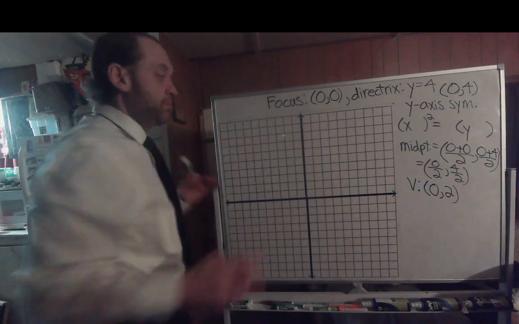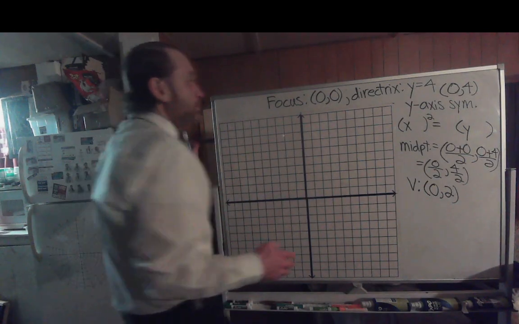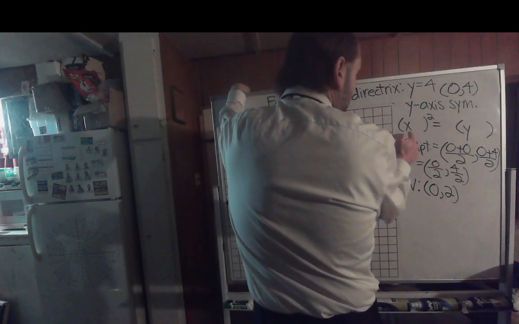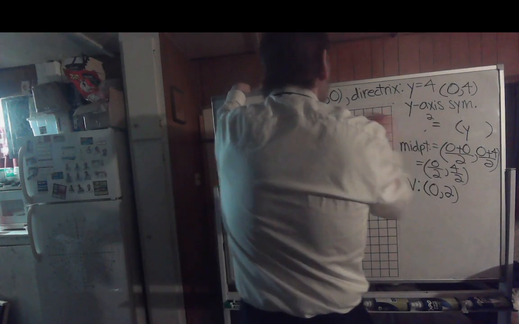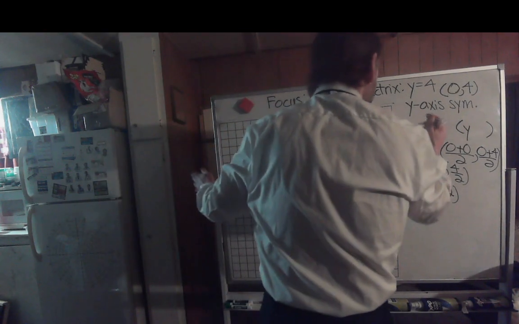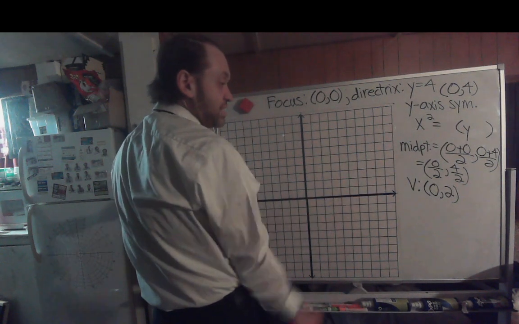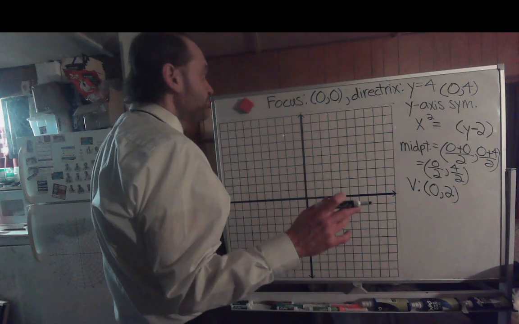So what does that mean? You're going to have (x minus 0) squared, which would literally just be x squared. That made the left side easier. Now if the vertex has a y coordinate of 2, you'd have some form of x squared equals y minus 2. But we're not done yet.